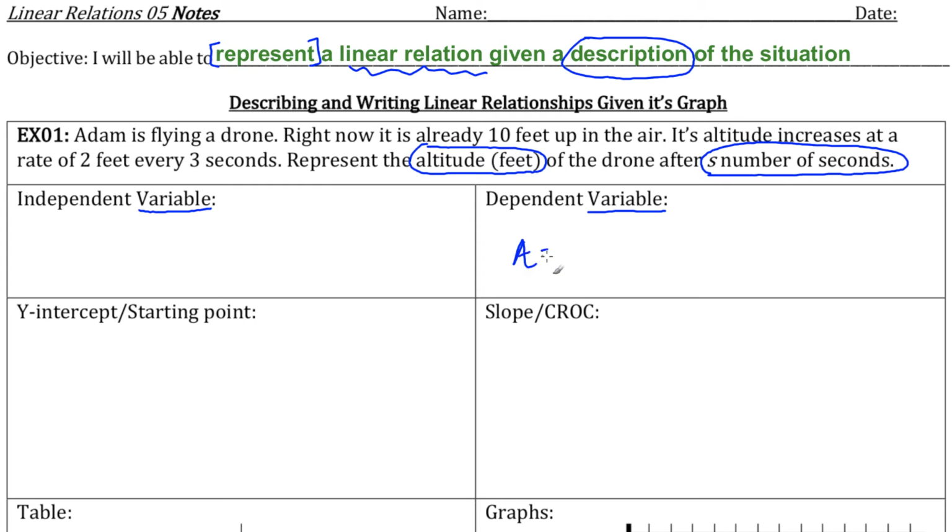Altitude is our dependent variable, measured in feet. Remember that our altitude will ultimately depend on, you can think about it as it comes after, it's the effect of the time. So S, the number of seconds.